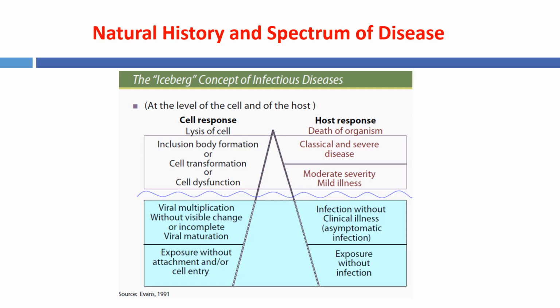So we should appreciate that beneath the sea level, we have more than 5 times the amount of those who have been diagnosed and counted as cases. Most of them are having subclinical infection. They are infectious. They may never even develop the disease, but we have to be careful of them.